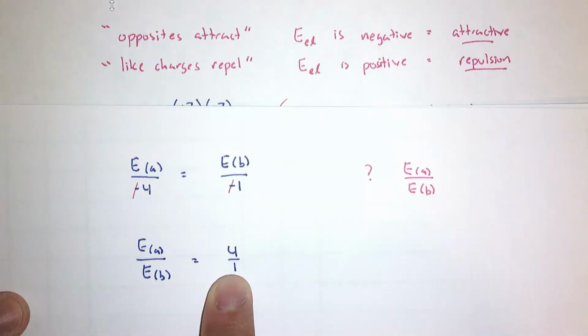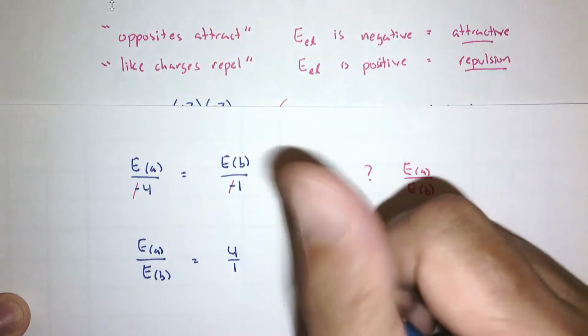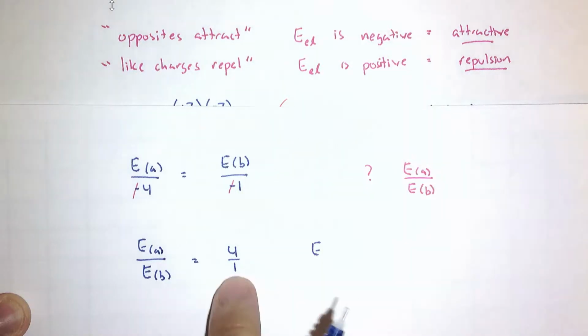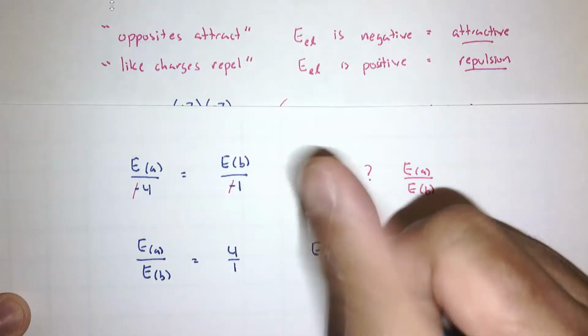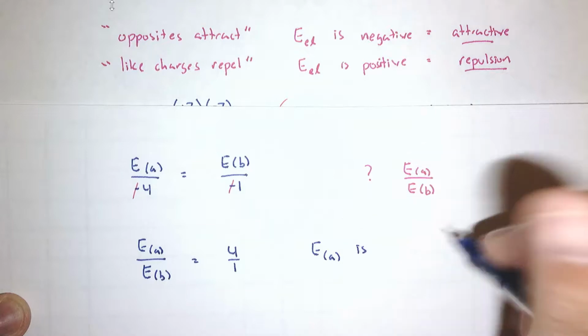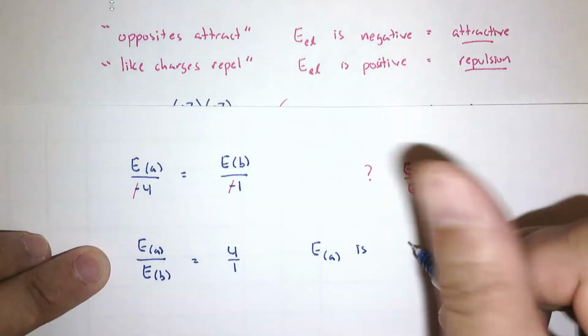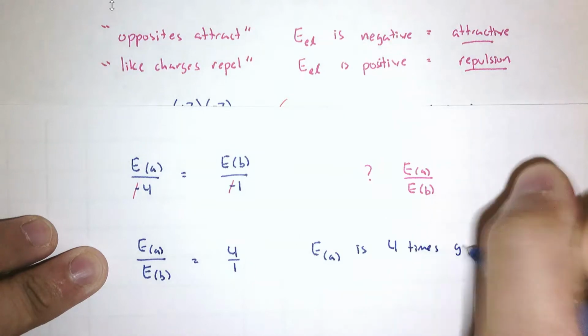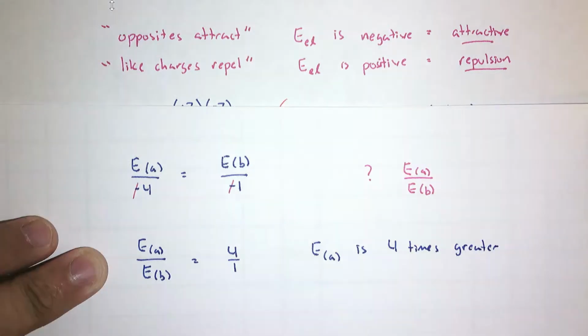Just like I drive 1.5 times faster than my friend, the electrostatic potential energy for EA is 4 times greater than that for EB. And that was predicted, that EA would be bigger. 4 times greater.